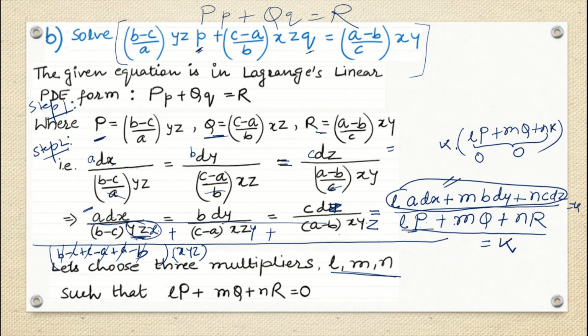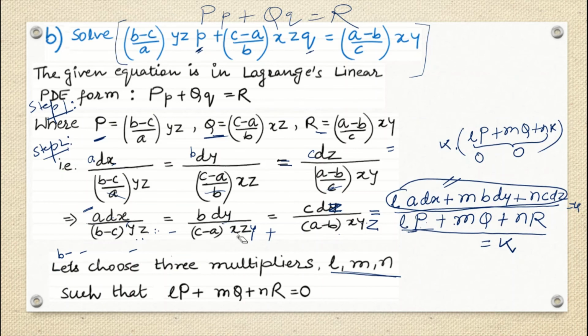No, so it will become 0. So that means I have taken my l as x, m as y, and n as z. Fine. So choosing l, m, n will come with practice. Okay.